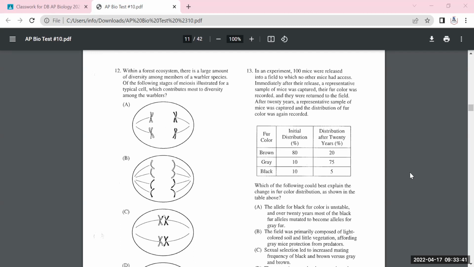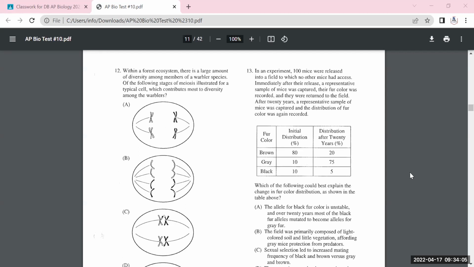Initially, we had what? Majority brown. Brown was obviously the most favorable by a lot among your mice. Now, what did you see occur? Essentially, you have a shift in your distribution of fur patterns.